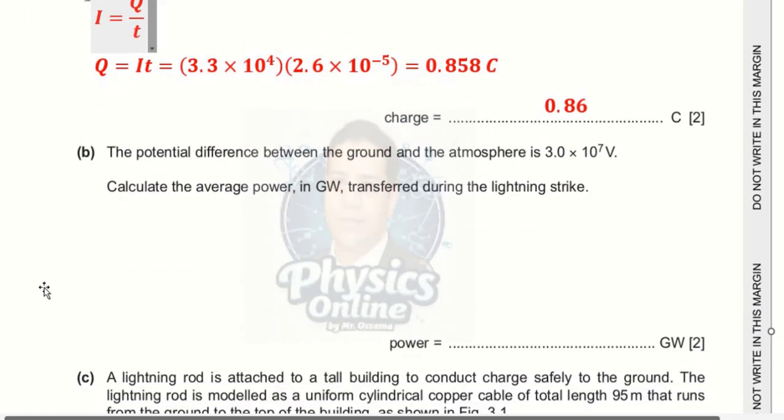The potential difference between the ground and the atmosphere is 3 times 10 power 7. Calculate the average power in gigawatt transferred during the lightning strike.